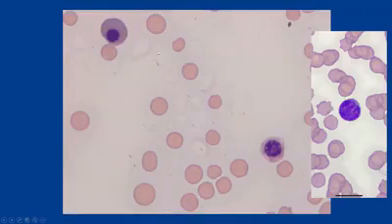Here is another area of the film. Again, we've got another nucleated red blood cell here, and this is bordering on a rubricyte kind of nucleated red cell as well. But again, the cytoplasm is getting more fully hemoglobinized, and it has not lost its nucleus yet, so that's a little bit weird. We're also seeing these crescents in the background. These are protein crescents.